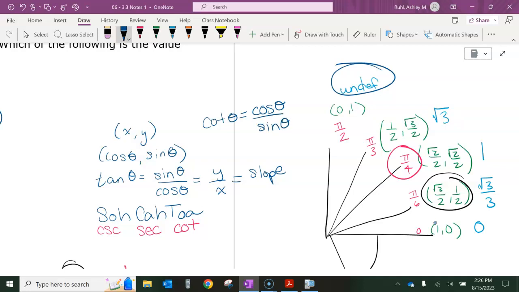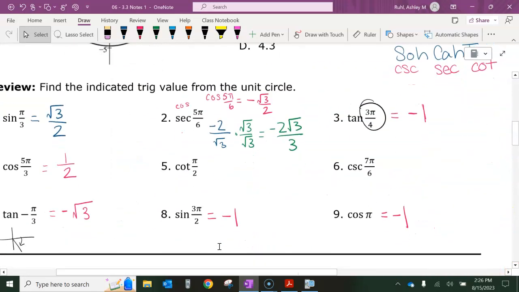Okay, that's easier. If I look at pi over 2 and I do cosine divided by sine, I get 0 divided by 1. So I have this is equal to 0 over 1, which is 0.